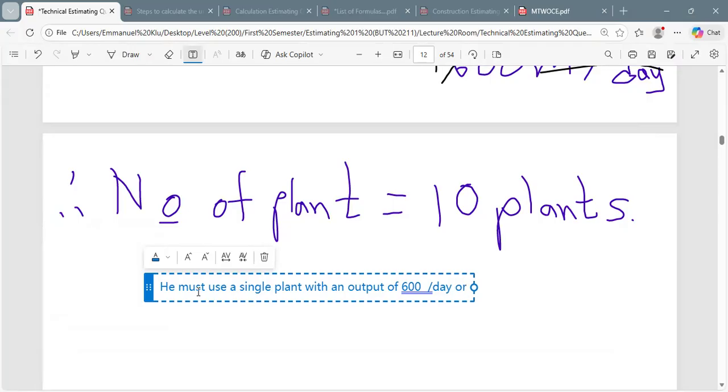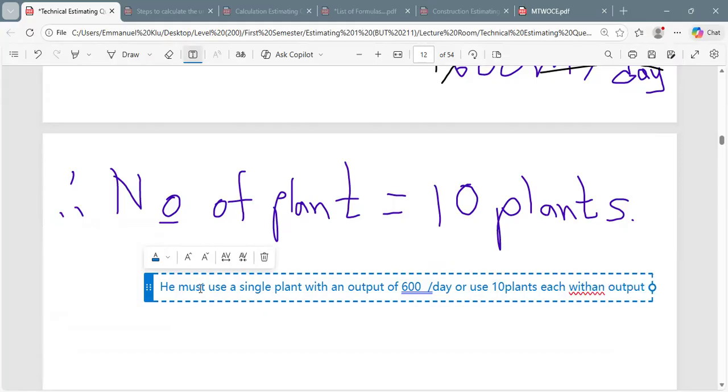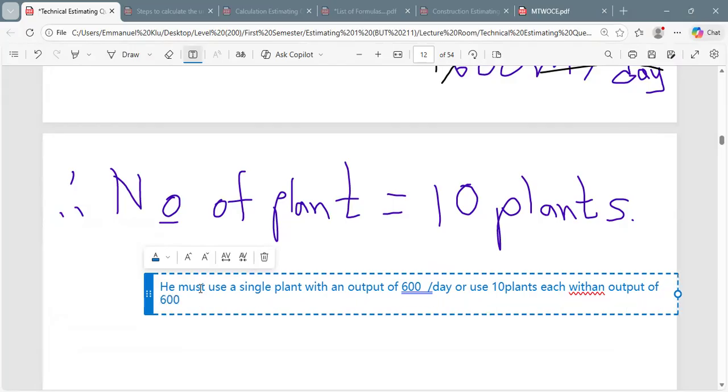Or use 10 plants each with an output of 600 per day.